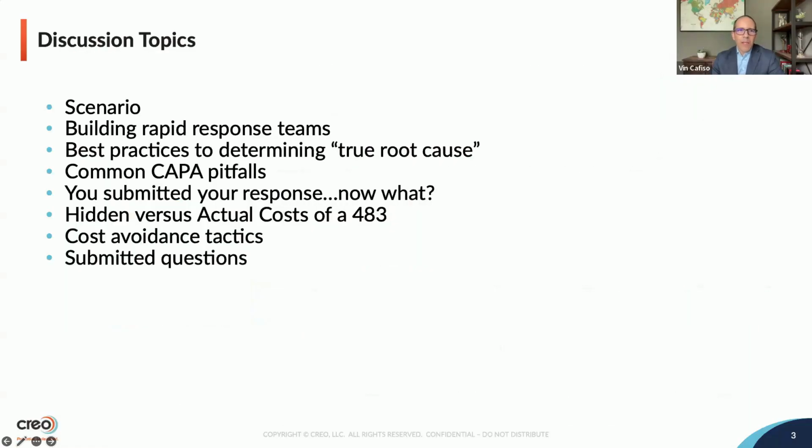Okay, so we're gonna go through maybe a real life scenario, and we're gonna jump off from that scenario into some of the things that you should be doing. When Ryan and I were talking, we felt it would be appropriate to get into some of the nitty gritty of what to do when you do get a 483. So some of the common practices of building a response team, determining true root cause, some pitfalls of CAPA, as everyone knows, that's the acronym for corrective and preventive action.